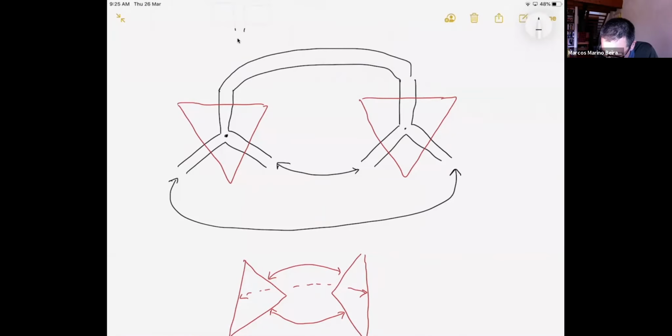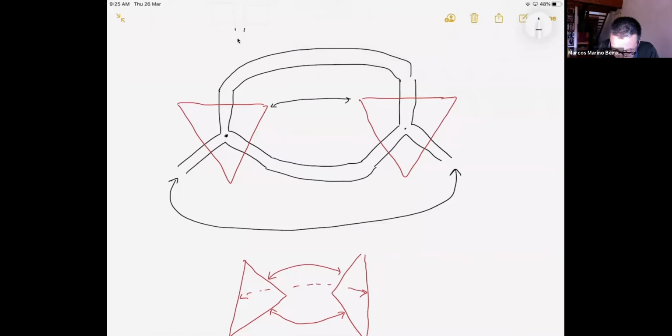And now let me eliminate this, and let me close these things. So let's look at this vertex. Now, when you glue, this vertex is going to be glued to this vertex. So in the resulting figure, they're going to be identified. And precisely this vertex, which is going to be glued to this vertex, corresponds to this closed line here.